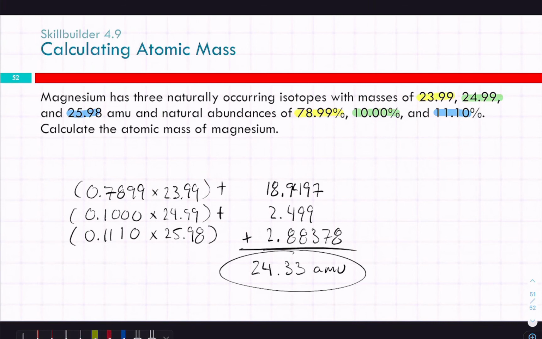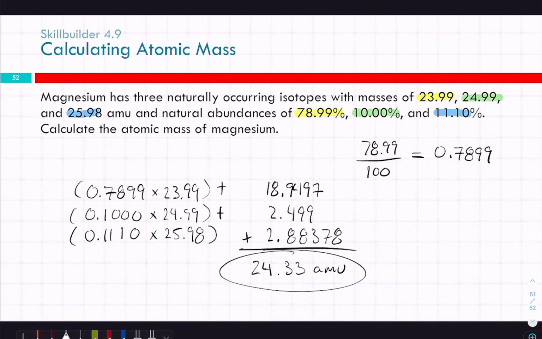Oh, because we need to use the proportion and not the percent. So we're just going to be moving the decimal every time we do that? If you're given percentages. It's the same as if I take 78.99 and divide it by 100. I don't really need to type it into my calculator, but you could try this on your calculator too to prove it to yourself. 0.7899.